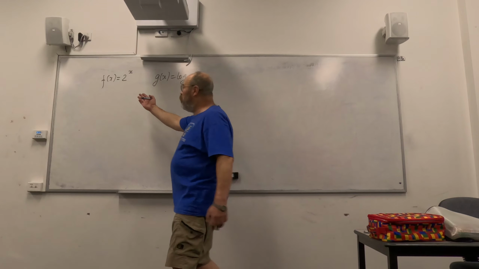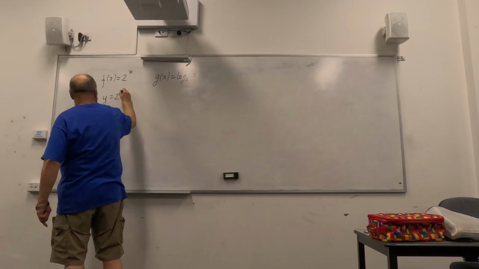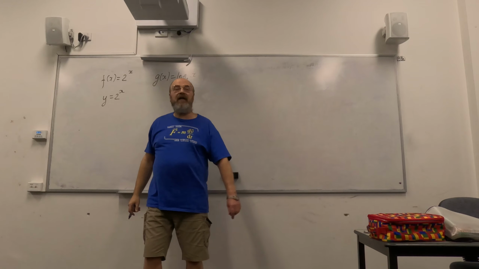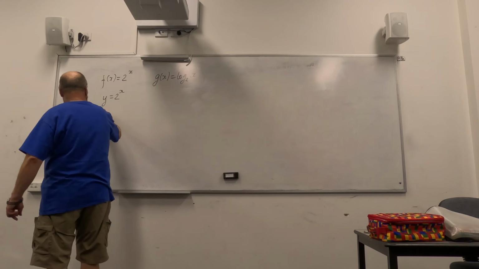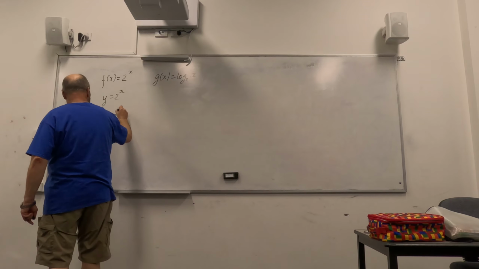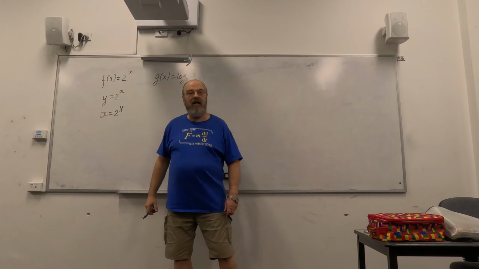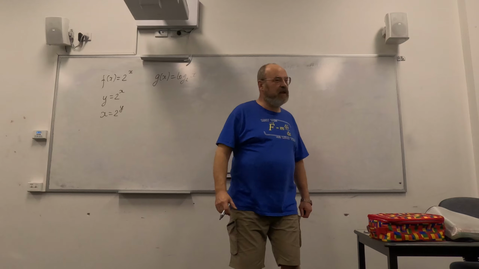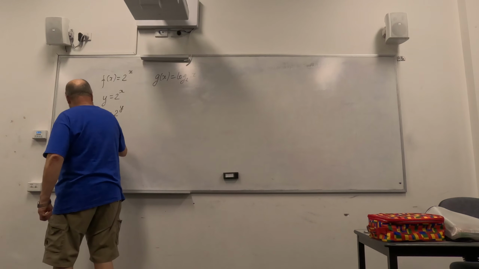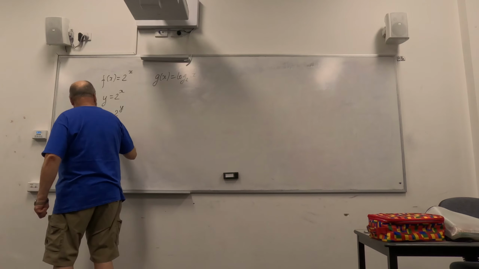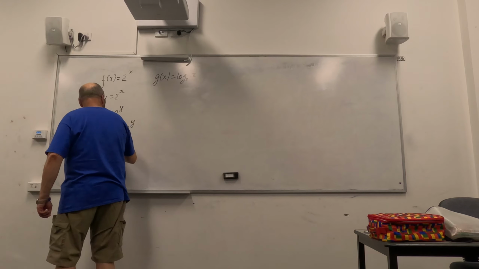So, let's see how we see that it's inverse. So y equals 2 to the power of x. How do we find an inverse function? We swap x and y, so we have x equals 2 to the power of y. Now, let's take log of both sides. So we get log x with the base 2 equals log of 2 to the power of y with the base 2.